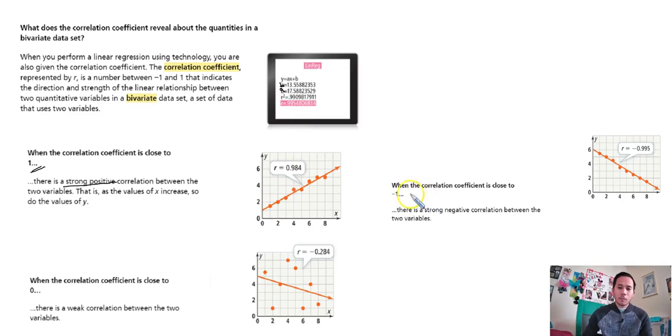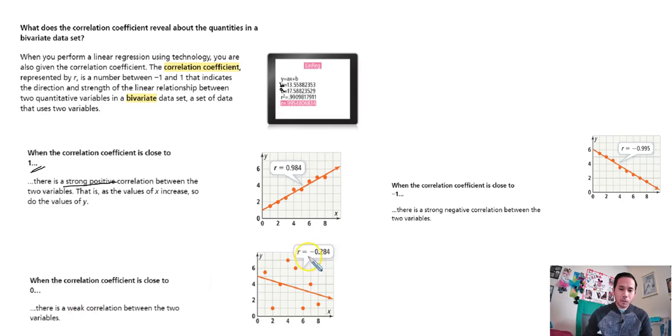However, when the correlation coefficient is close to -1, there is a strong negative correlation. So let us say if that is -0.999, close to -1, it is a negative correlation. Okay. And if the coefficient is close to 0, there is a weak correlation between the two variables. Maybe you can say that there's no relation, or there's no association.